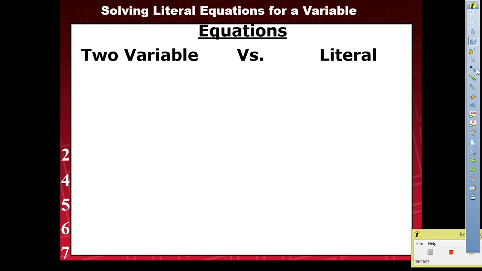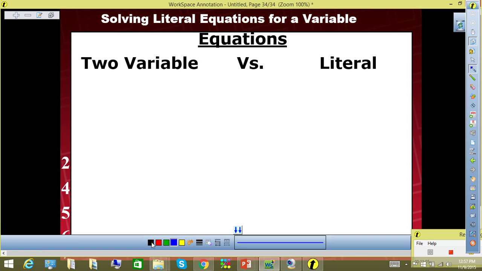So, what's the difference between a two-variable and a literal? Let's see. I need a volunteer. Somebody give me a two-variable equation. Okay, go ahead, America. What'd you get? Yeah, give me an example. 3x. 3x equals what?